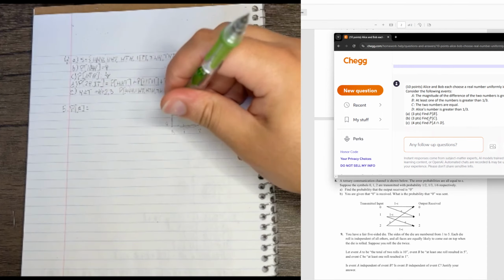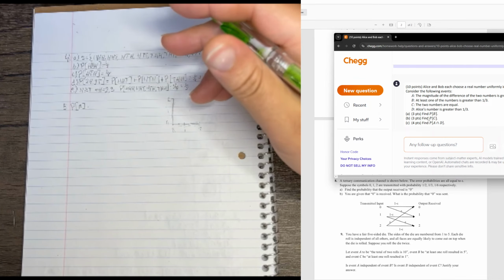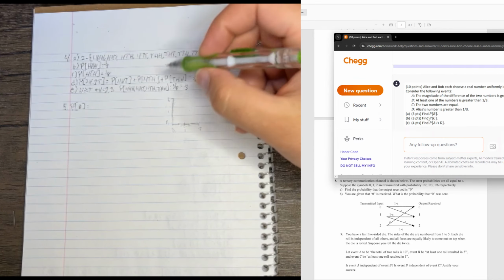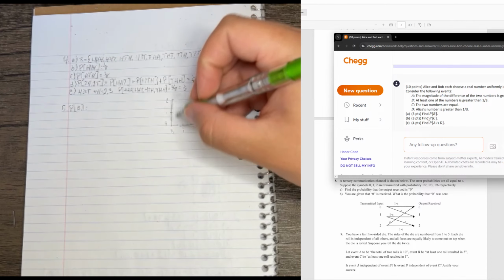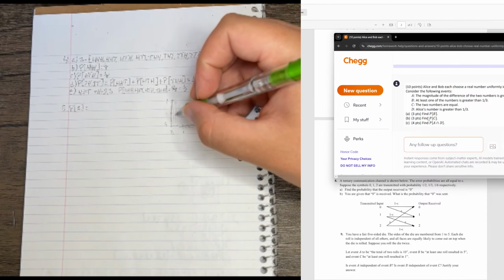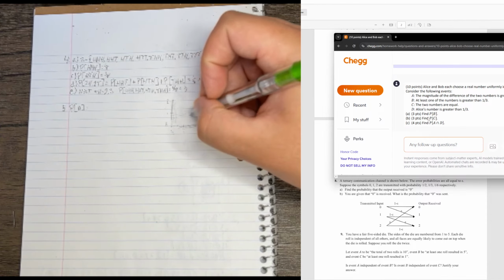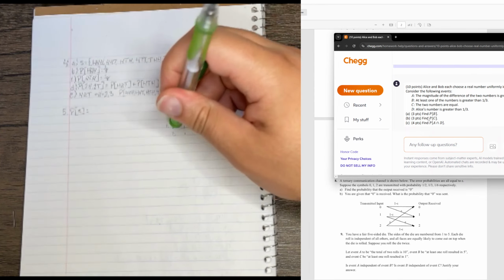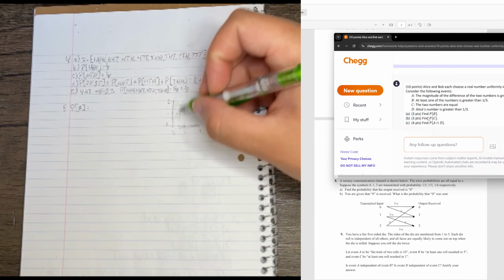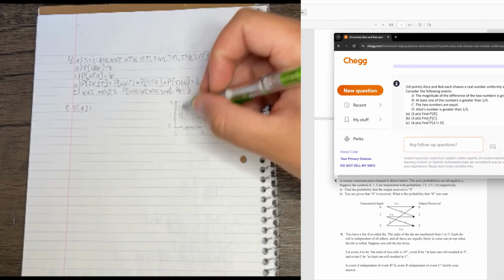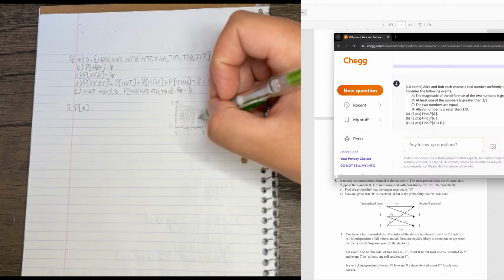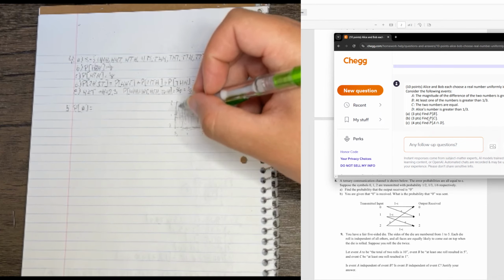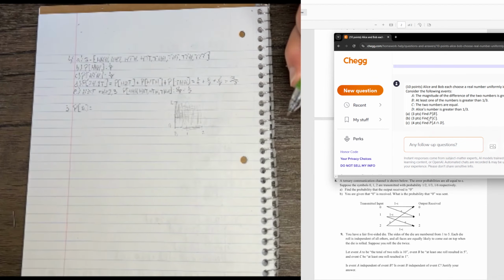Because for B, at least one of them is greater than 1/3. So at least this one or this one. Sorry, not that, but the opposite inverse. So one of these. That would be for B.